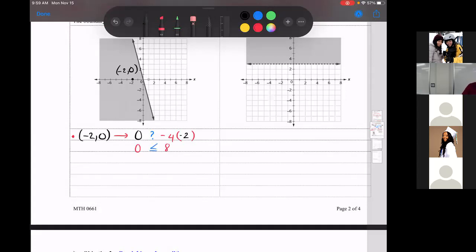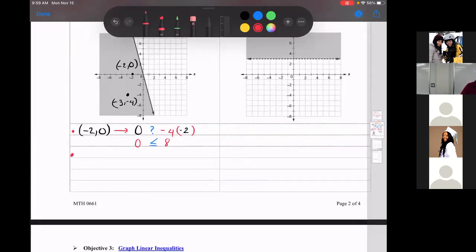Maybe I'll pick -3, -4. Somebody else can pick something different, and that's fine, as long as the answer is less than or equal to something on the right hand side. So -3, comma, -4. Oops, I want it black. Supposed to be black.